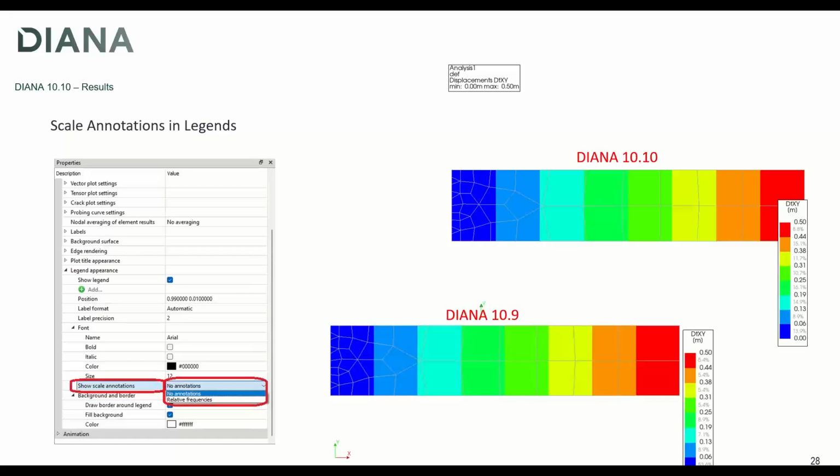In the previous version, these percentages were calculated based on the number of elements in each contour limit. But now in Diana 10.10, these percentages are calculated based on the area for 2D and the volume for 3D problems. And for phase analysis, only the active part of the model in each phase is considered in the percentage calculation. Next slide, please.